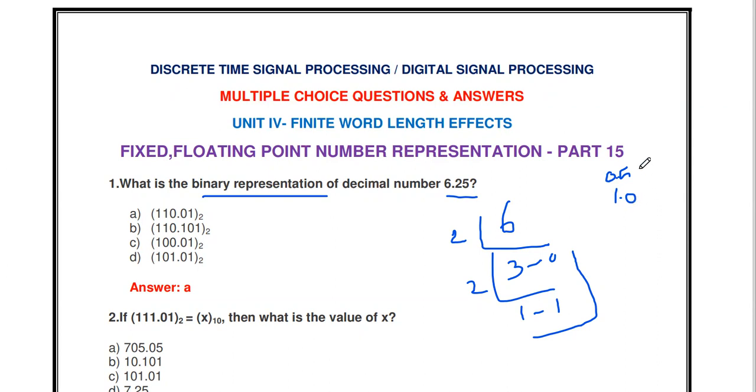Then you write the resulting digits as the answer: 0, 1. So the binary representation of 0.25 is 0.01, and the binary representation of the number 6 is 110. So altogether, the binary representation of 6.25 is 110.01. In a similar way, you can convert any decimal number into the corresponding binary representation.